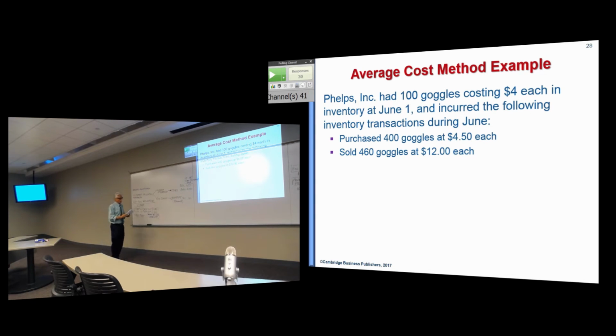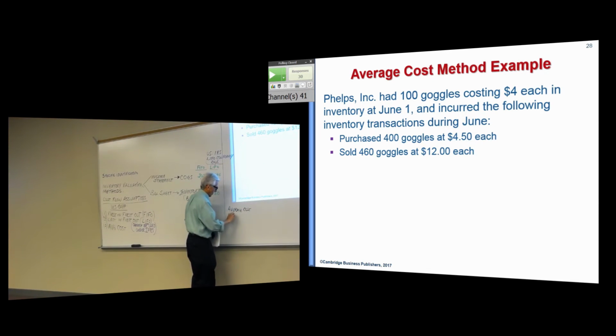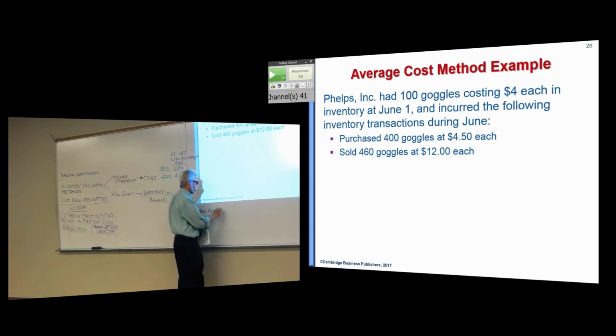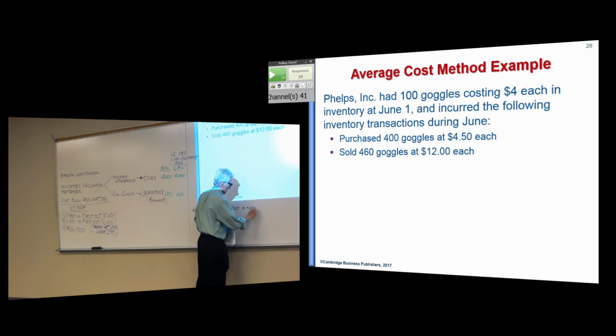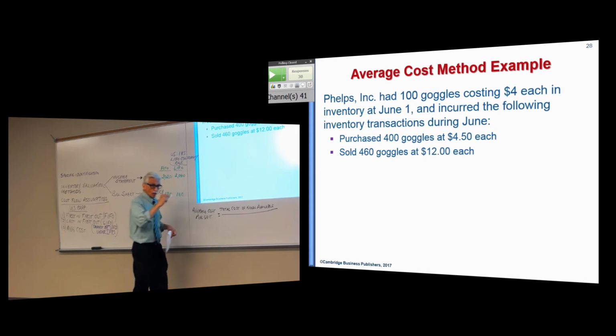Now the average cost, the way to look at average cost per unit is to take the total cost of goods available over the number of units available.